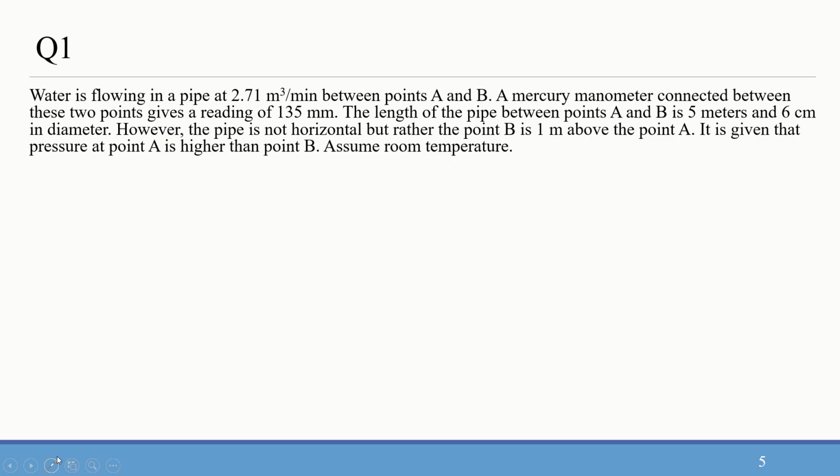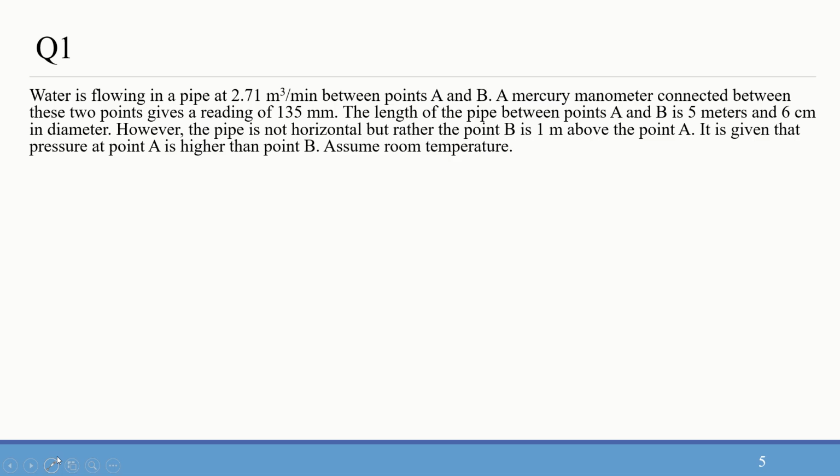But in this question, B is slightly above point A. So it means the pipe is a slightly inclined pipe, that is one thing. And also the height difference, the second point B is 1 meter above point A. And we know the flow rate, that is 2.71 meter cube per minute.